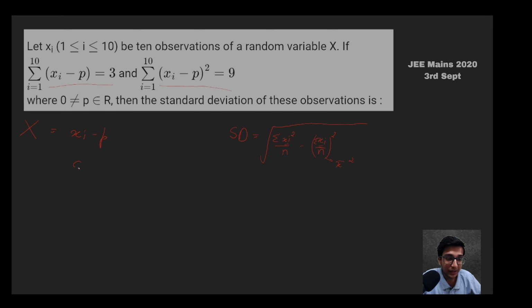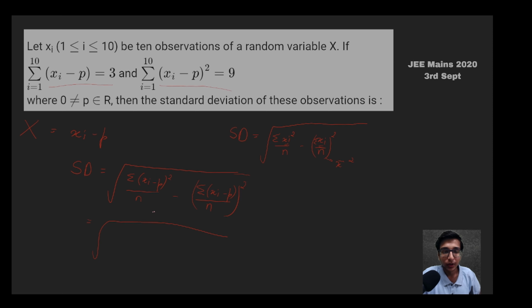So we can simply write down the formula of standard deviation to be root under summation xi minus p whole square upon n minus summation xi minus p upon n whole square. Now I hope you've gotten the gist of the formula used in this question. Now the question has become very easy for you to solve.